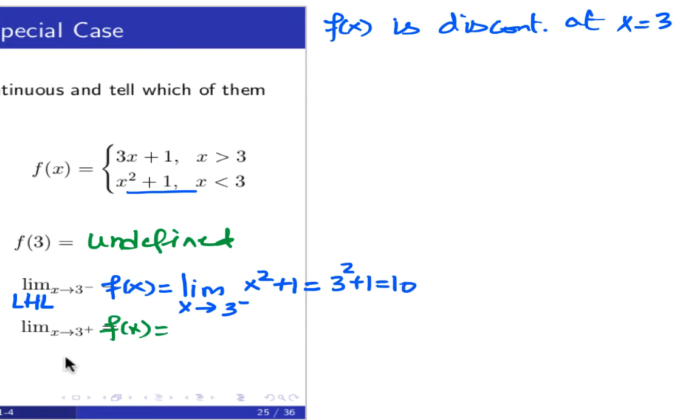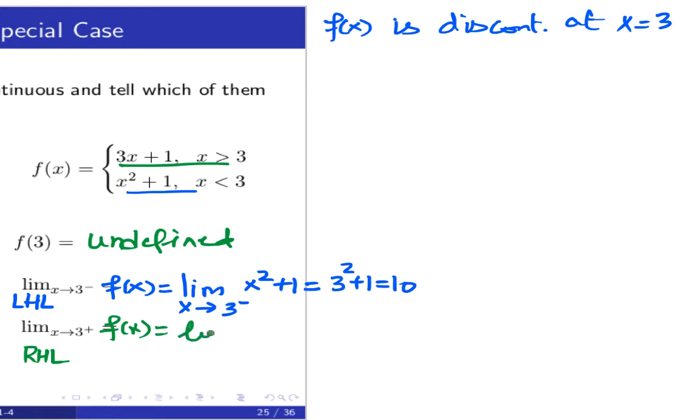Now let's look at the right-hand limit. The limit as x approaches 3 positive of the function f of x. X approaches 3 positive means you're looking at all the values of x which are greater than 3. So we are looking at the top row of this piecewise function.